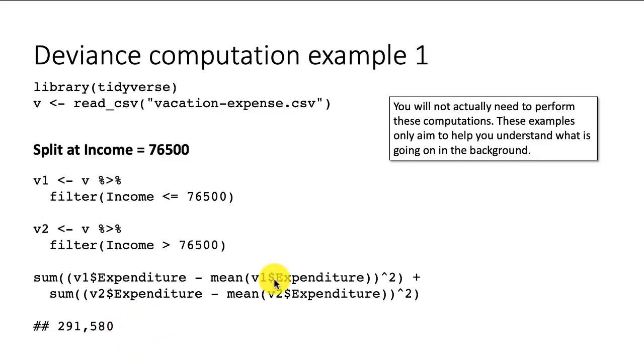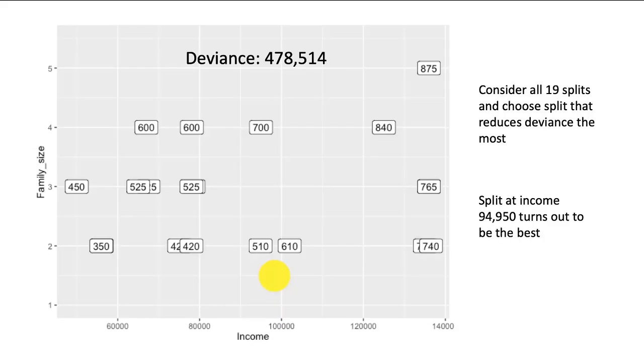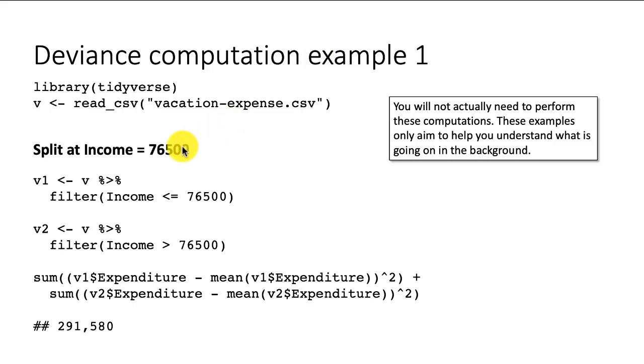Okay, remember, for the overall set, the deviance was 400 and something, 478,514. As a result of the split of income at 76,500, we can reduce the deviance to 291,580. Okay, so the deviance has reduced, so we have improved the homogeneity.